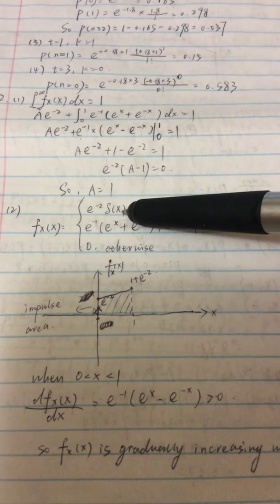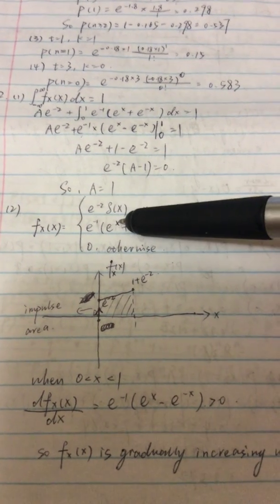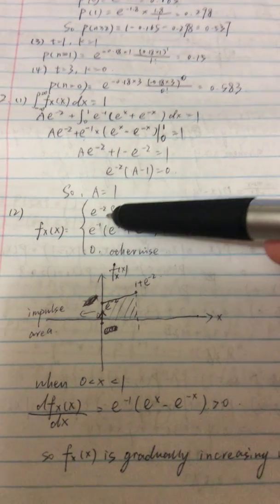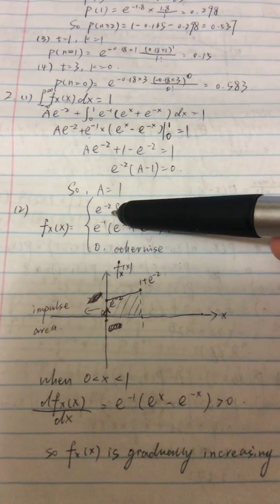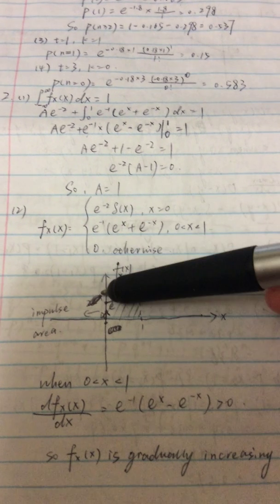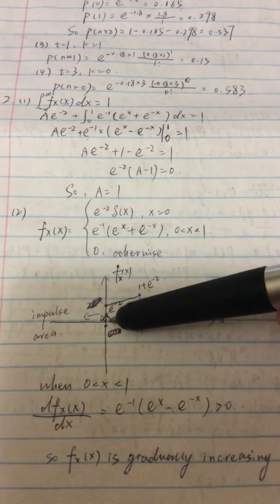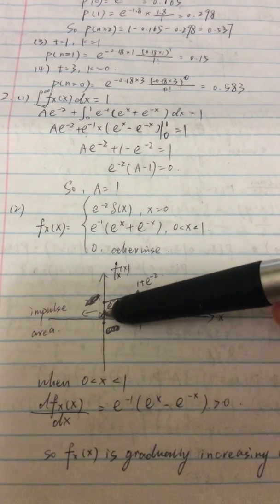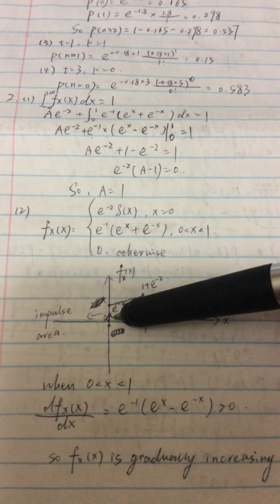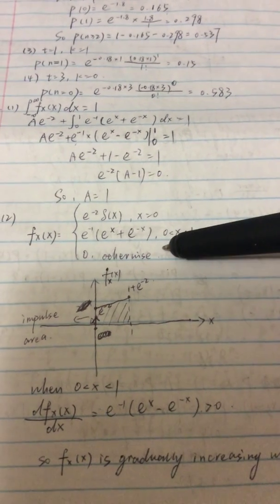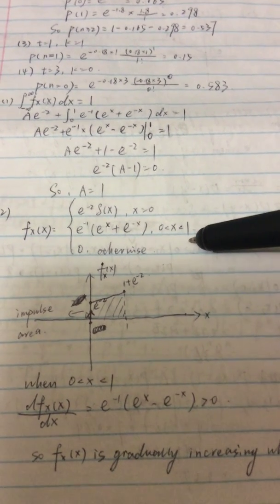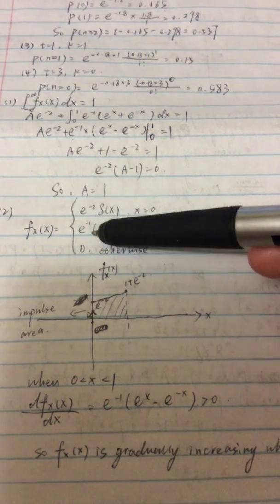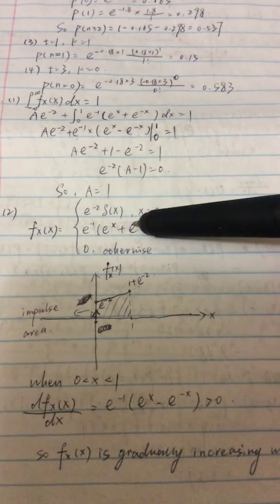When x is 0, delta x is 1, and the coefficient is e to the power of minus 2. So the value here is e to the power of minus 2, and there's an impulse area which is 1.